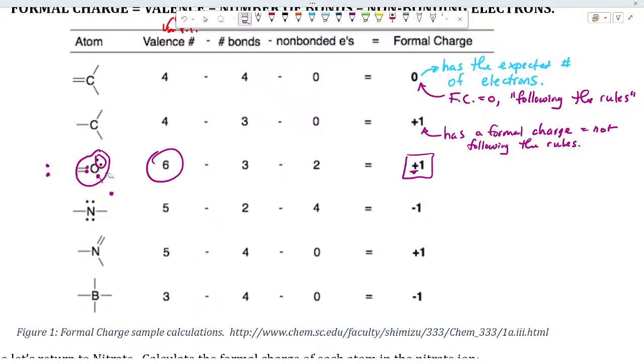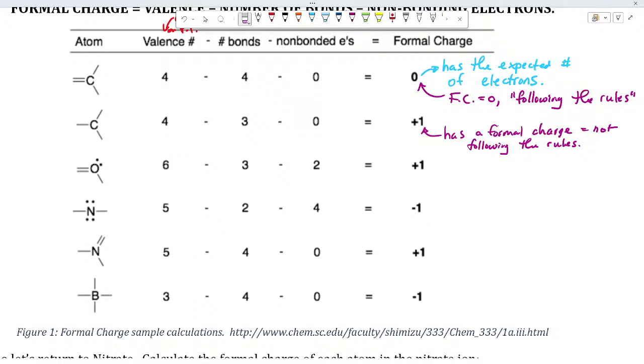So you can also count it that way if you want. This little calculation here works, or doing what I just did, where you say, okay, lone pairs belong to it. Half of each bond belongs to it. Now we're going to compare that to how many electrons we expect to have. If that makes more sense to you, do that. Did that answer your question?